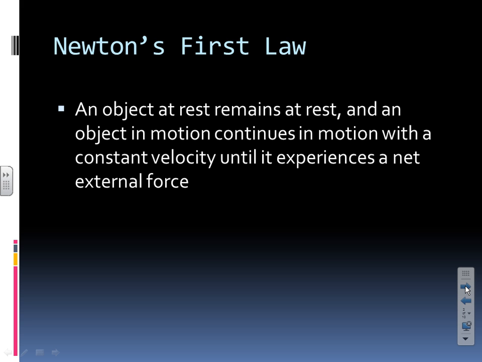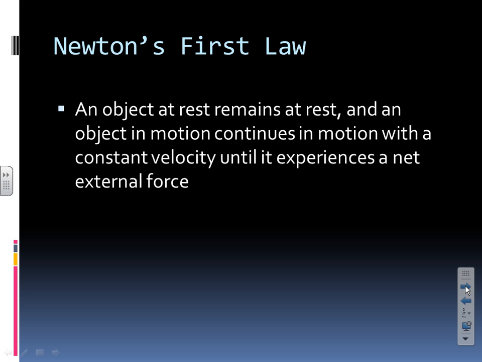So, before Newton came along, that was the prevailing thought of the time, that there must be something special about being at rest, that it was the quote-unquote preferred state of an object. Why would it ever move from rest? It's so happy, content, right?